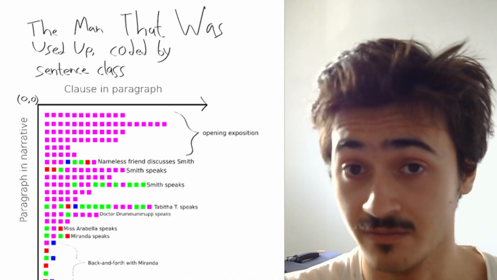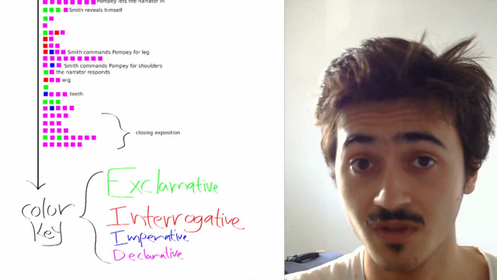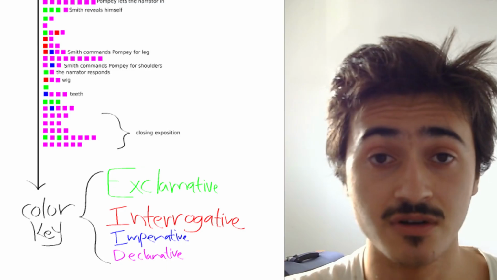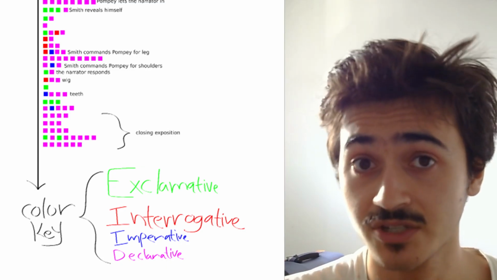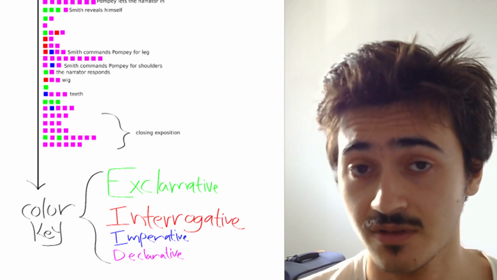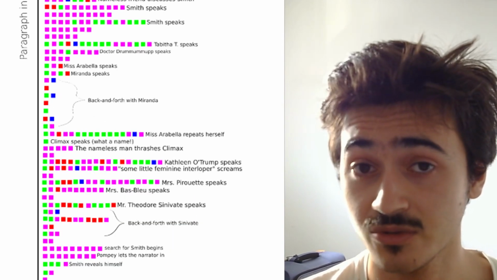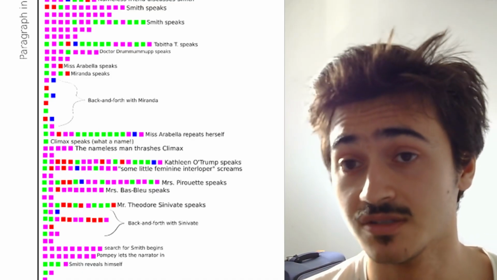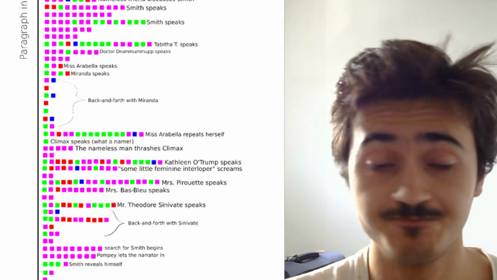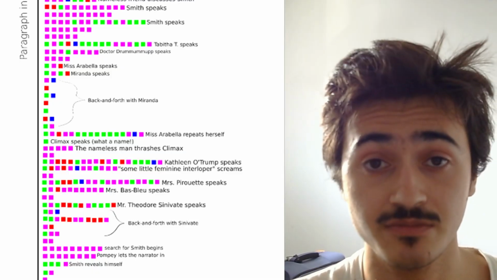Near the beginning and the ending, nearly all of the sentences are of a declarative nature. During sections of dialogue, particularly those which are leading to the climax, exclamatory sentences reign supreme.